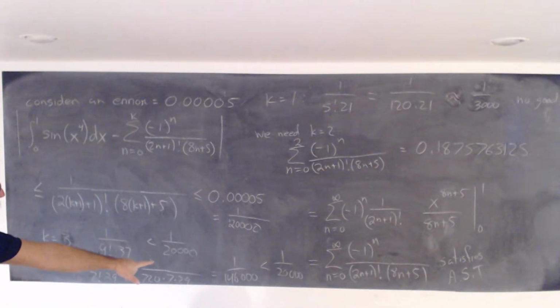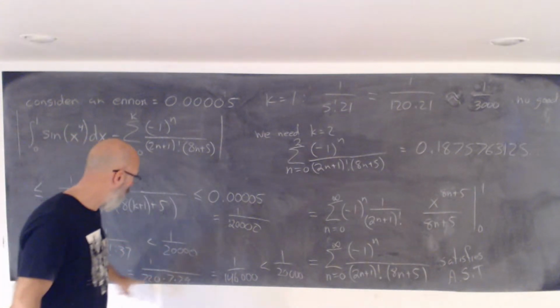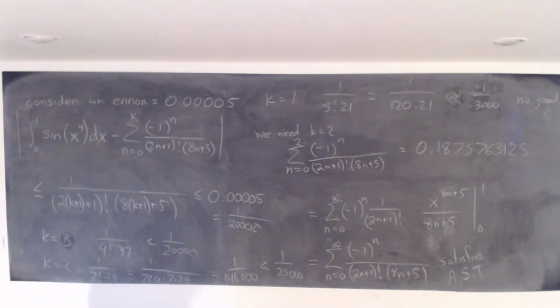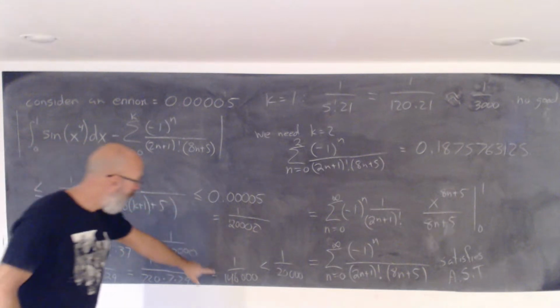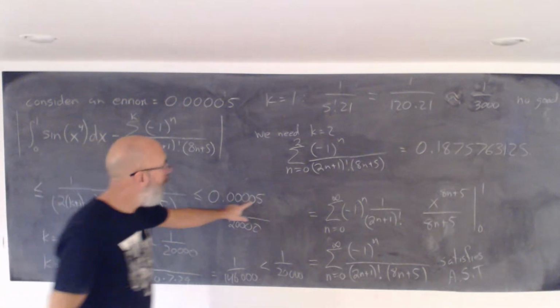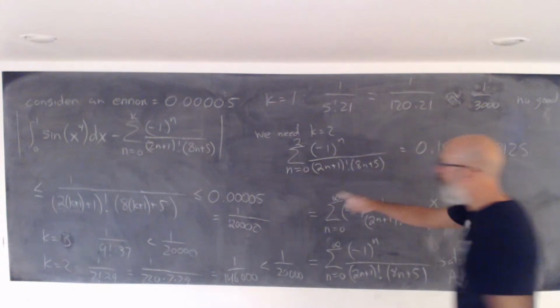So now we have this, right? When k is 2, look at what happens.